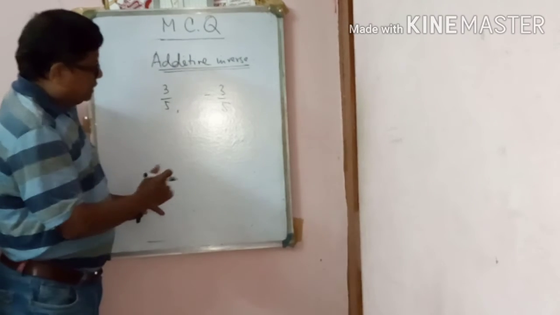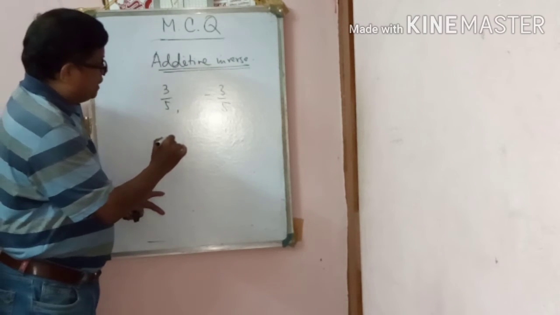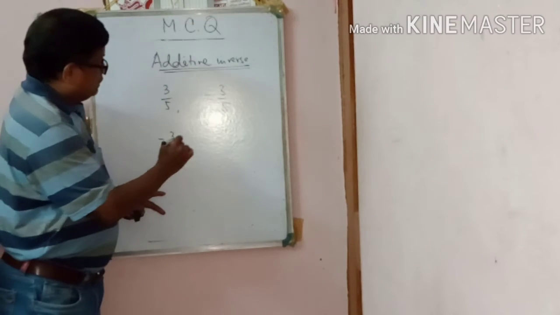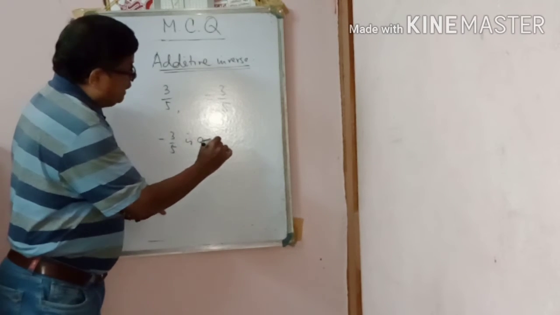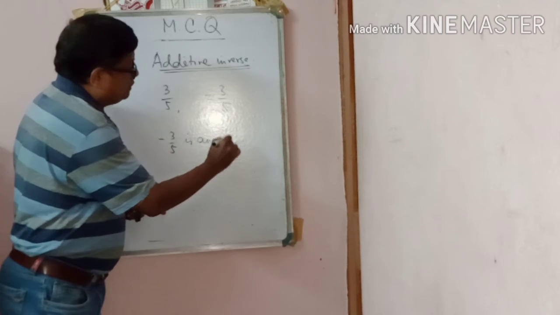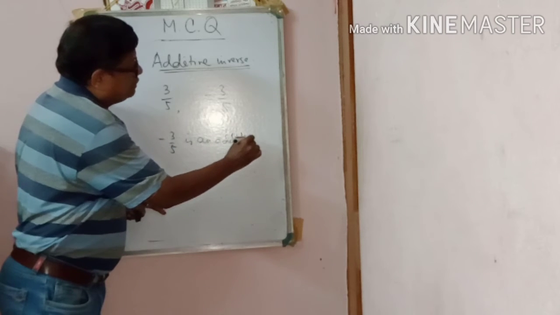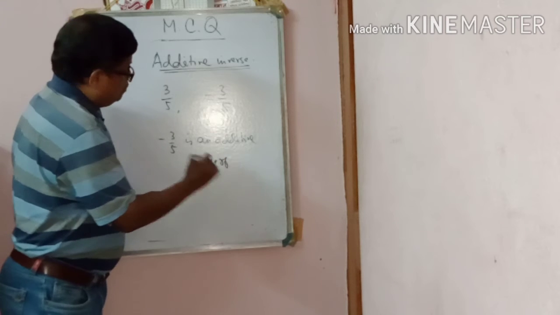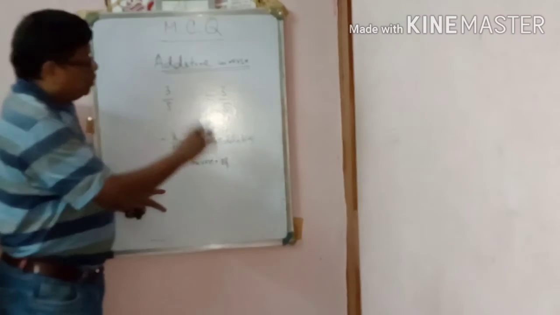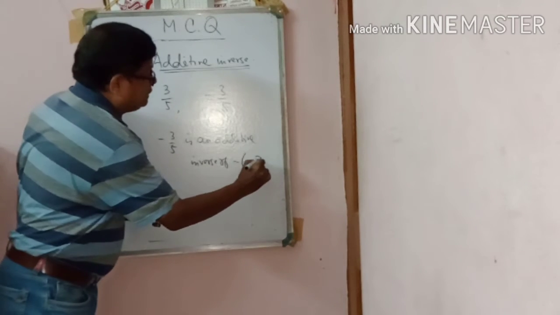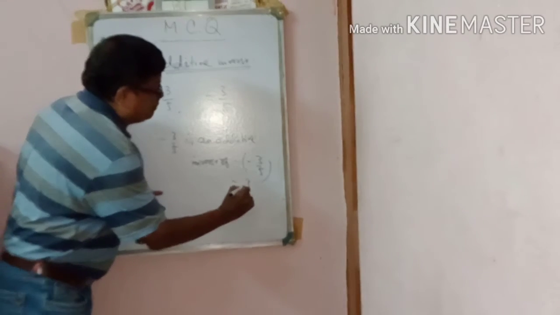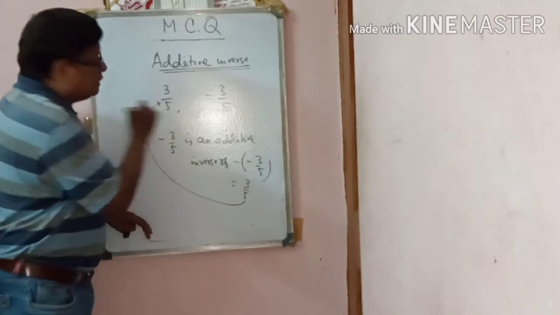Here minus 3 by 5 is an additive inverse of 3 by 5, all of you know. How will we say? Minus of minus 3 by 5 will be 3 by 5. You will get this part.